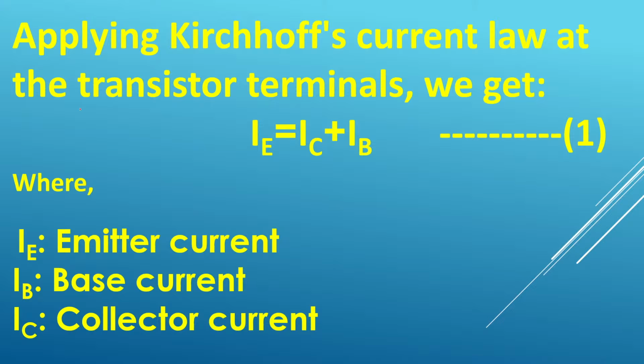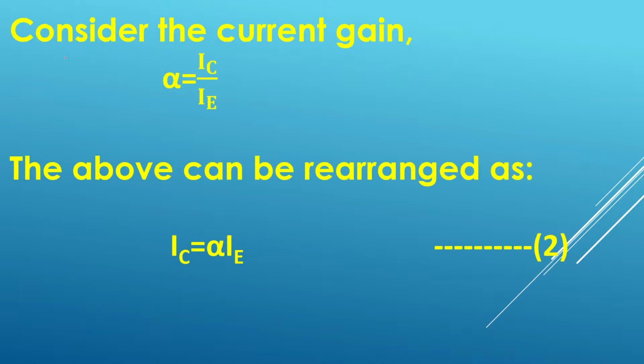Now we already know the current gains for common base, common emitter and common collector configuration of BJT. So let us consider one of the current gains, that is common base current gain. What is the equation for common base current gain? Alpha equal to IC by IE.